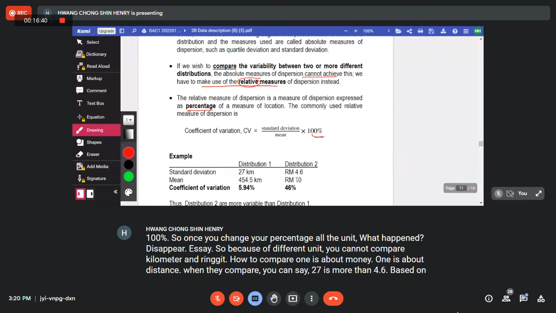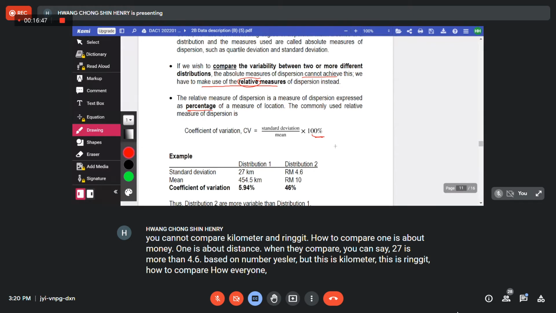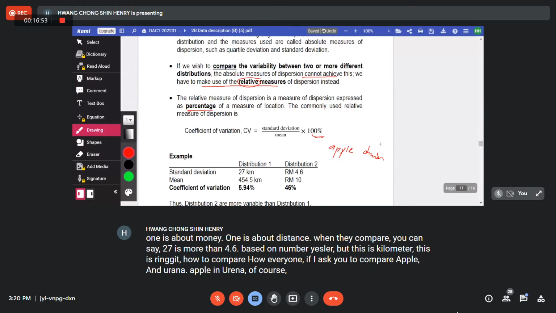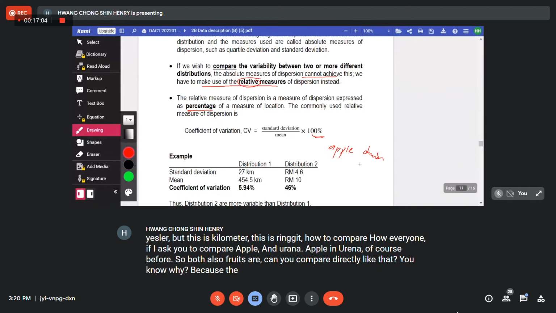Based on the number, yes, but this is kilometer, this is ringgit. If I ask you to compare apple and durian, of course both are fruits, can you compare directly like that? No. Why? Because the pricing and the taste, everything is different.